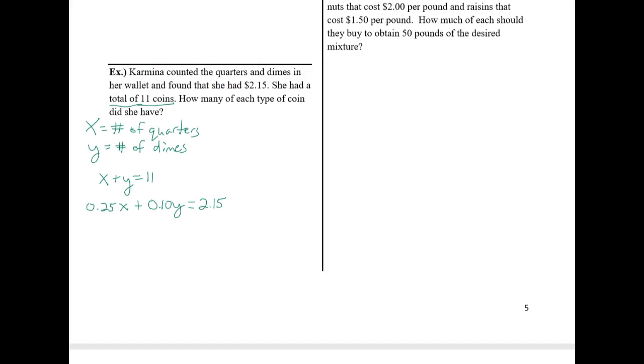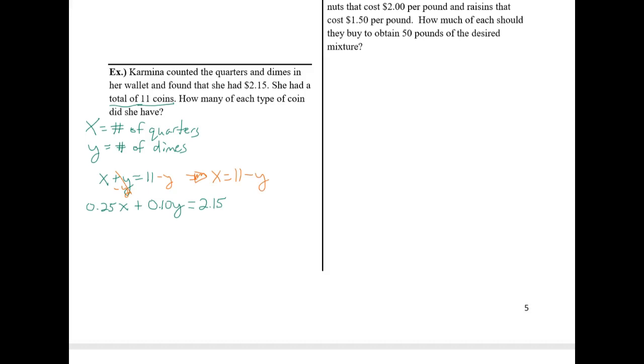Now that we have two equations with two unknowns, we can solve the system. Looking at this system, I can either choose to do elimination or substitution. I think substitution is easier just because it's easier to get x or y alone here than deal with elimination and decimals. So I'm going to start by subtracting y from both sides, giving me a new equation of x equals 11 minus y, because these are gone.